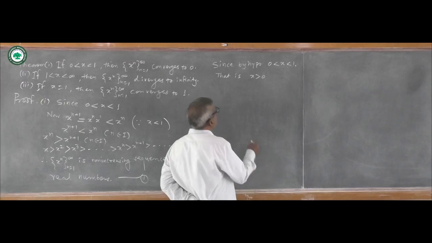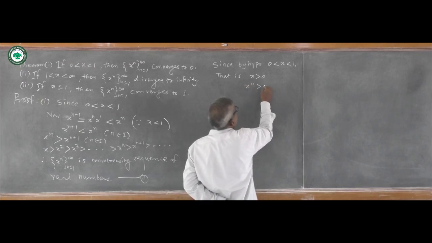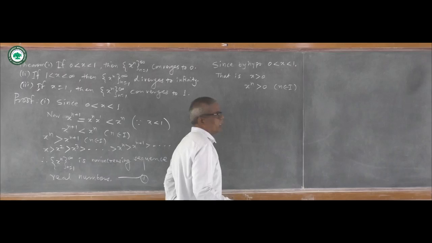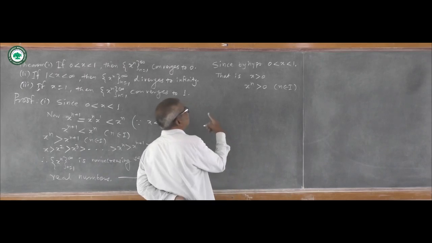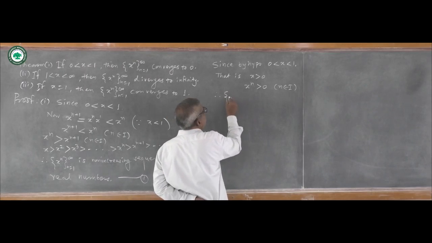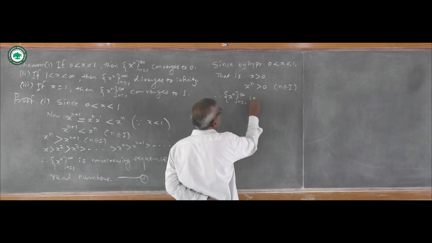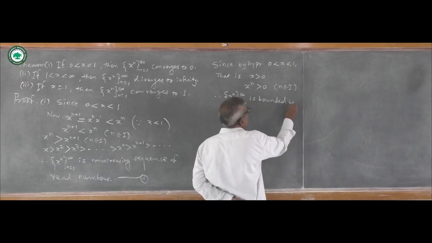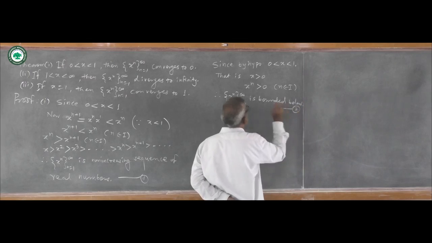Taking nth power on both sides, x to the power n is greater than 0 for all n belongs to I. Therefore, the sequence x^n, n = 1 to infinity, is bounded below. This is statement 2.